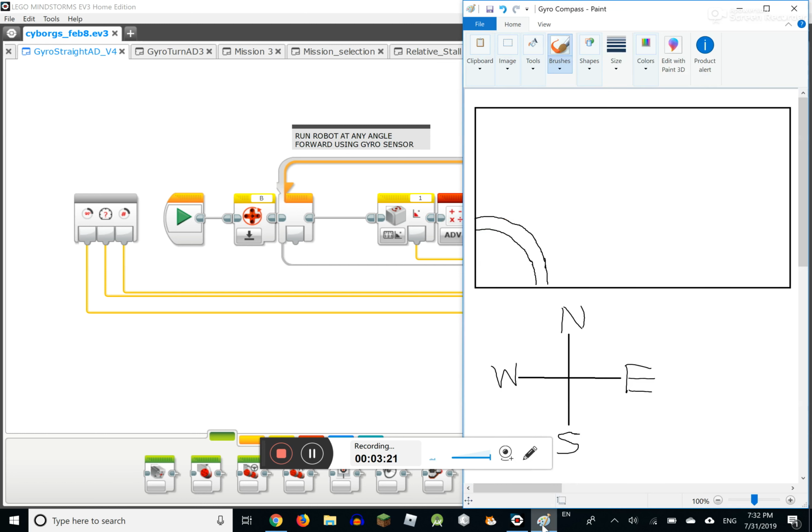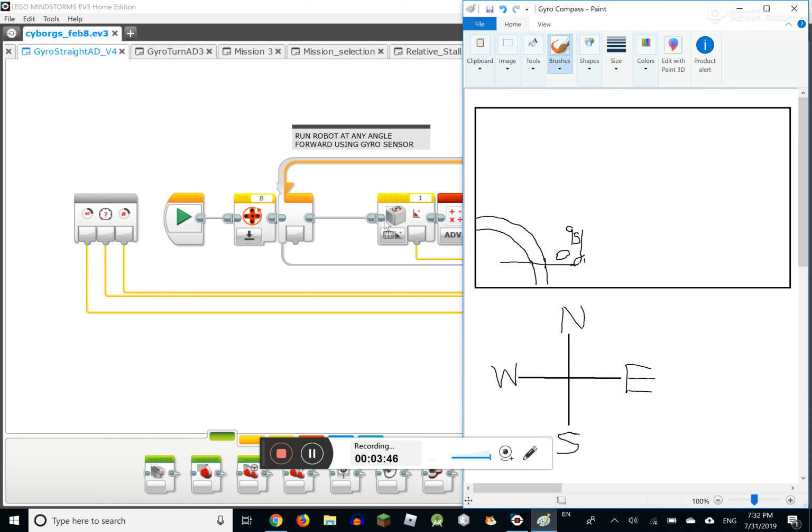So if we put this in an example, let's say your robot starts here. This is 0 degrees; east is 0 degrees. Then you turn 90 degrees, but you're off by 5 degrees, so now you're facing 95 and you want your robot to move at 90.